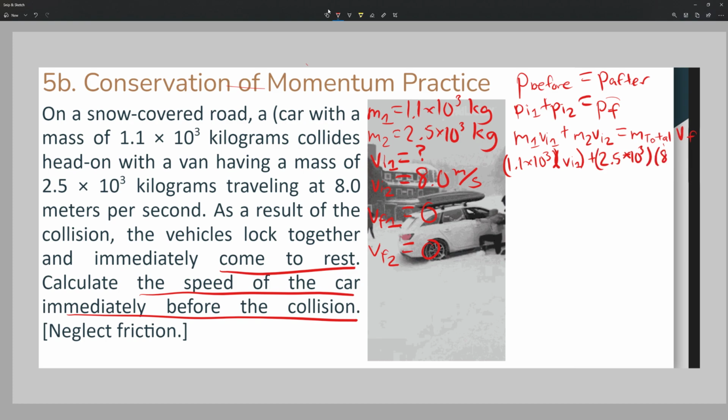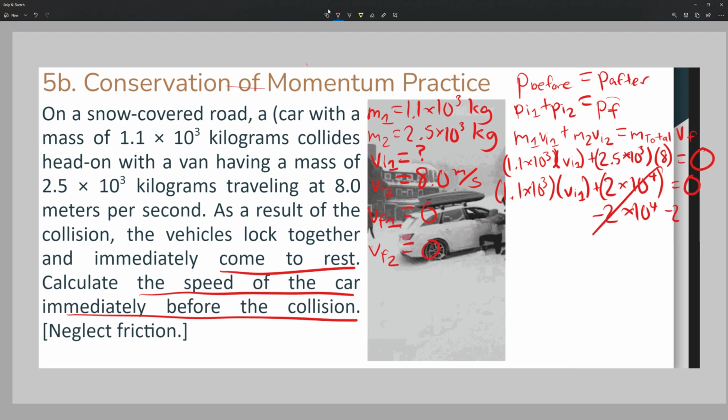And the initial velocity of object 2 is 8. Now, because the final velocity of both objects is 0, this entire side right here is 0 as well, so we can just ignore that. So we bring this down: 1.1 times 10 to the third, plus 8 times 2.5 is going to give you 2 times 10 to the 4, is equal to 0.